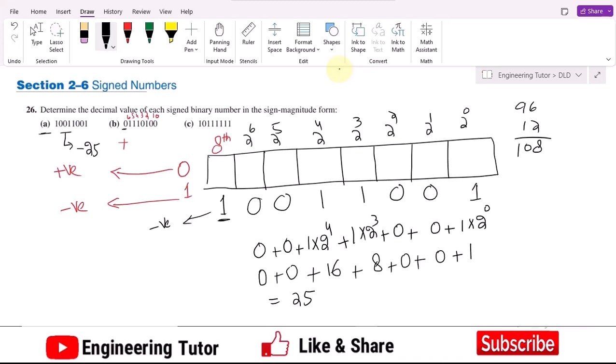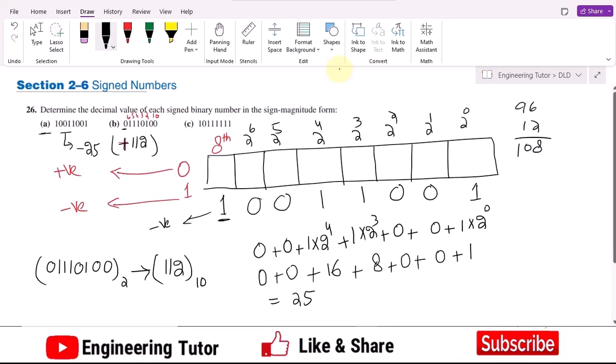That is 112. So this is now plus 112, the decimal equivalent of 0 1 1 1 0 0 0 in binary. So now the decimal equivalent of it is plus 112.